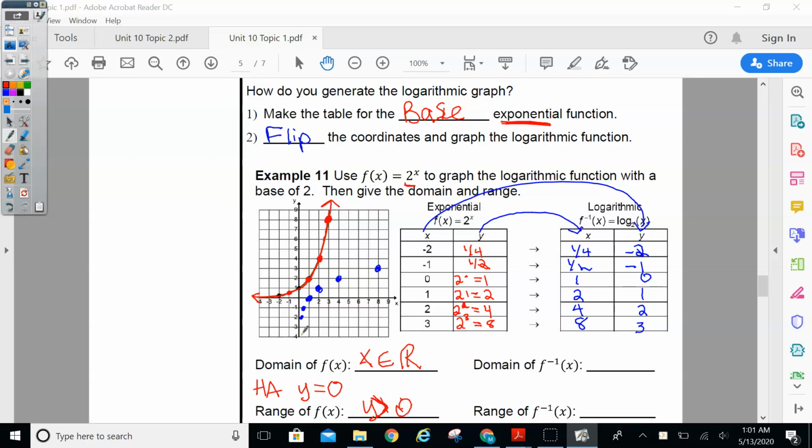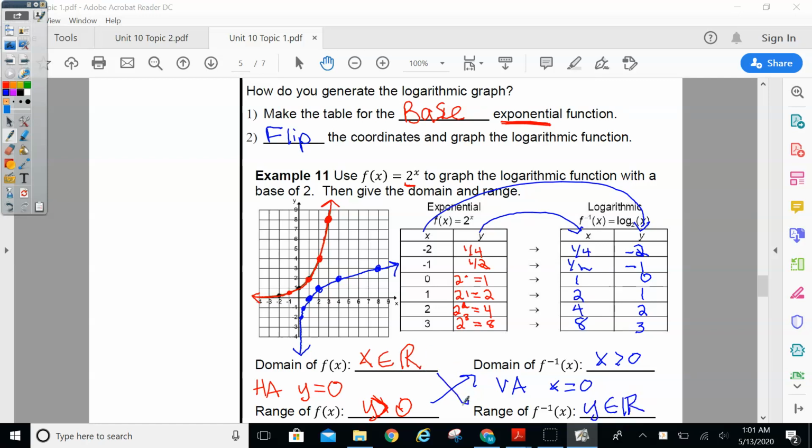So now when we switch them around, now my domain is x is greater than 0. So now I have a vertical asymptote at x equals 0. So here, this is going to go vertical at 0, but it's going to keep going down forever and up forever. So the range is now all real numbers.